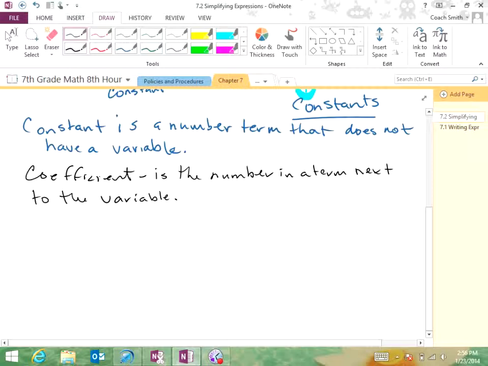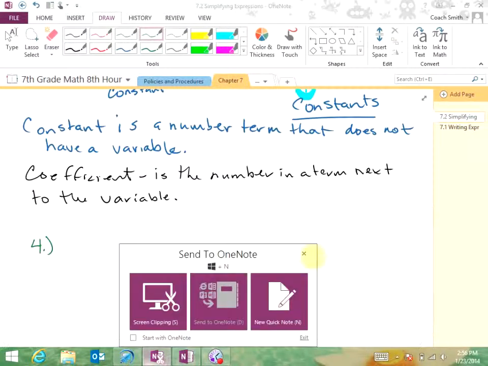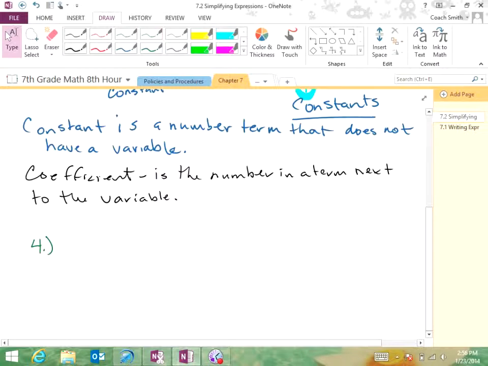Okay, so in this expression, number 4, you have negative 8c plus 4 minus 5.